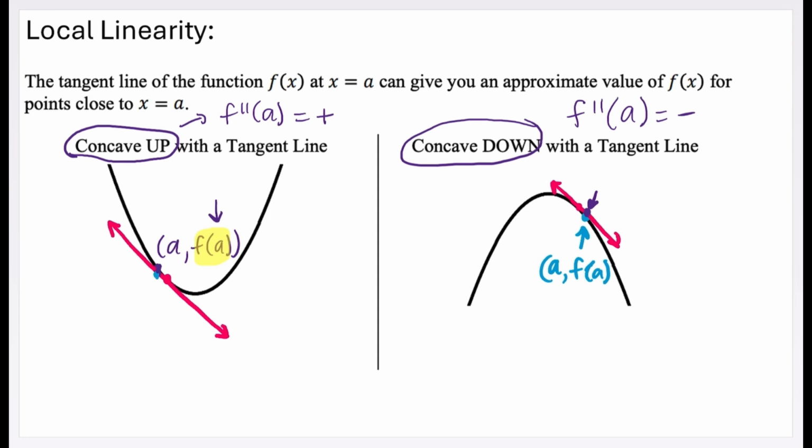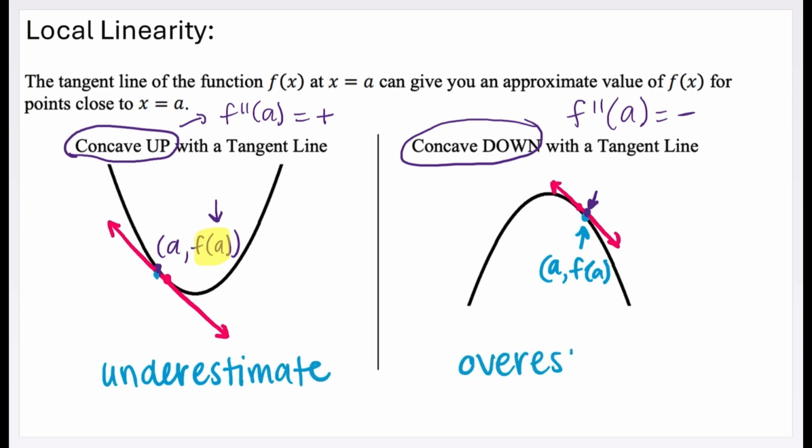So this one would be an underestimate, and this would be an overestimate. Depending on how the graph is shaped, your approximation using local linearity is going to be either an underestimate or an overestimate.